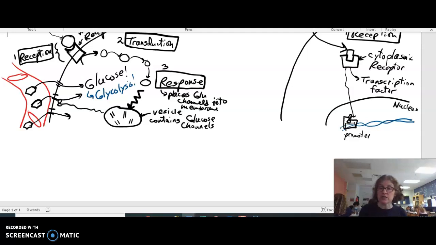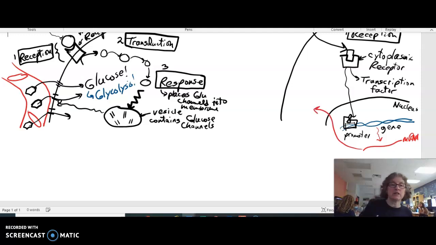Allows RNA polymerase to come along, and there's a gene here downstream from the promoter that's now going to be activated and transcribed into a piece of messenger RNA. Right? Messenger RNA is now made. And this is going to then travel out of the nucleus to find, just like we learned freshman year too, a ribosome, right?